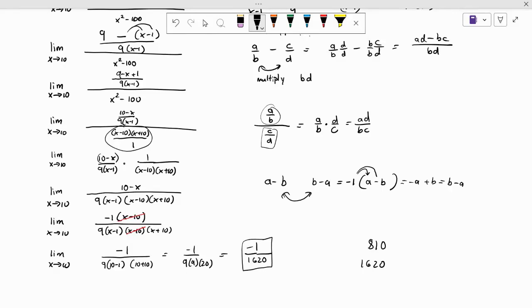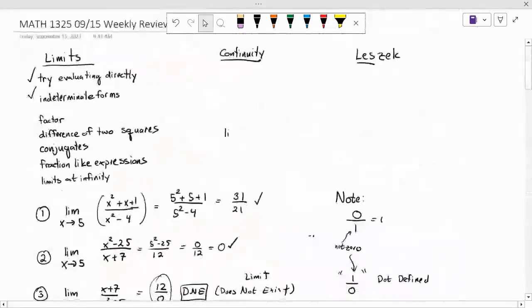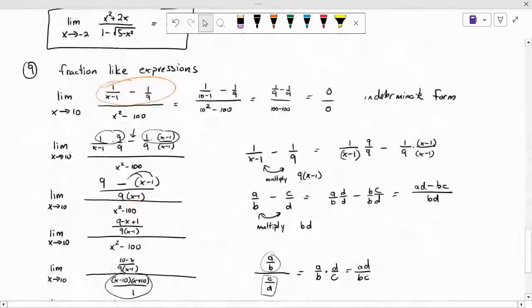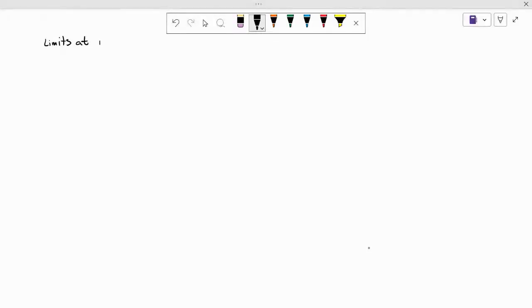Because we want to at least talk about limits at infinity. So limits at infinity, what does that mean? That has to do with the long-term behavior of a function. What we mean by that is we're going to let x go to infinity.